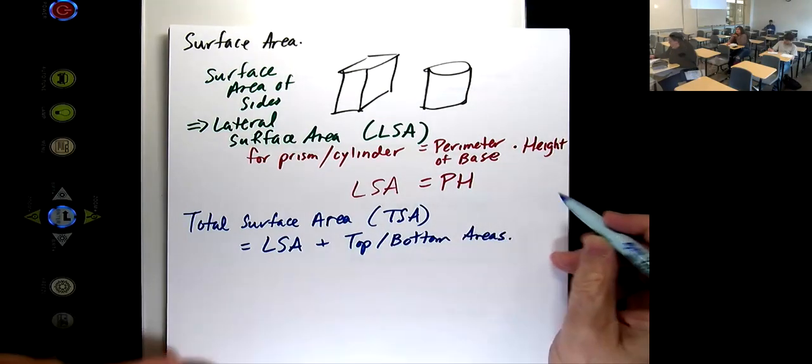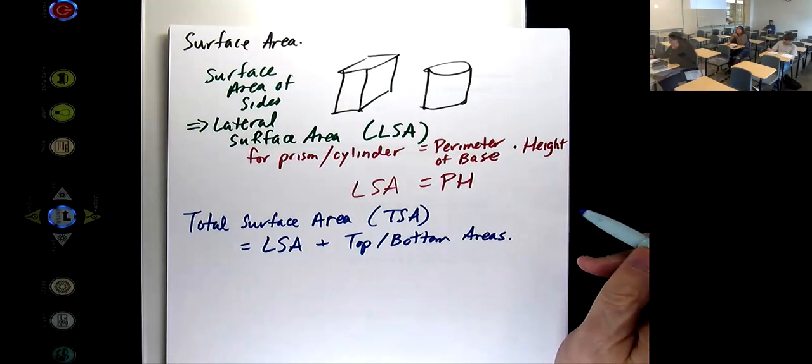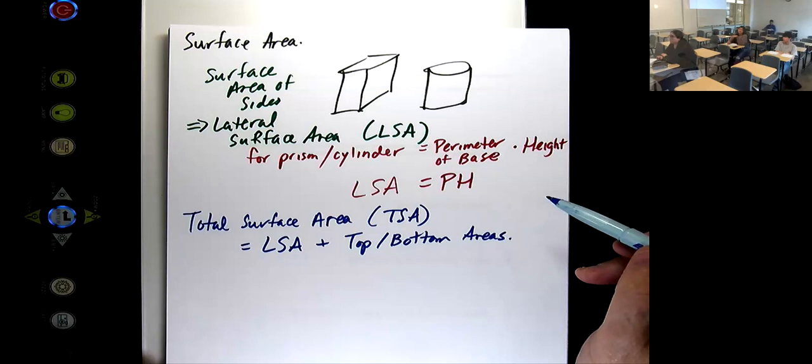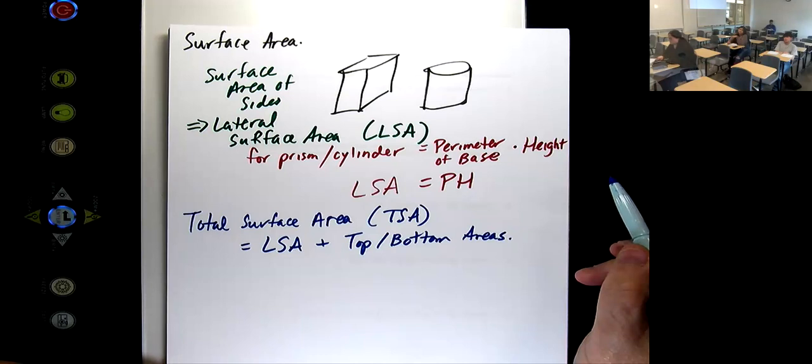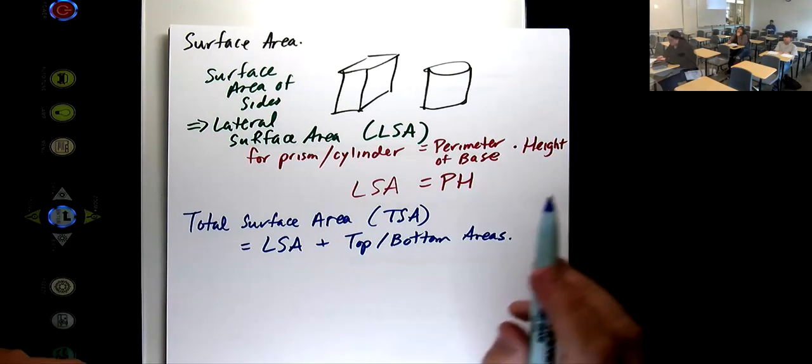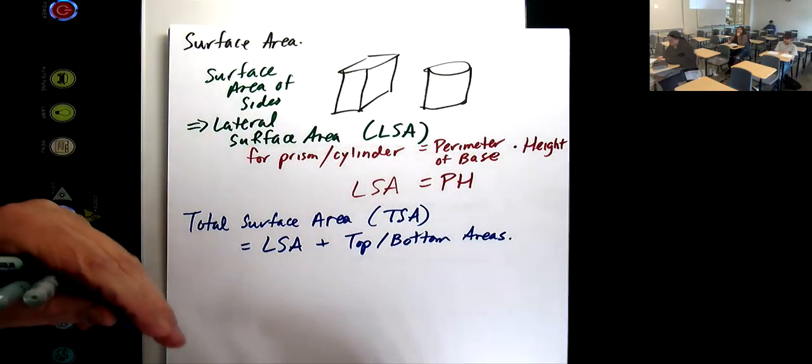What does TSA mean? Total surface area. TSA is total surface area. For the airport, something security agency, Transportation Security Administration. I bet that's it.